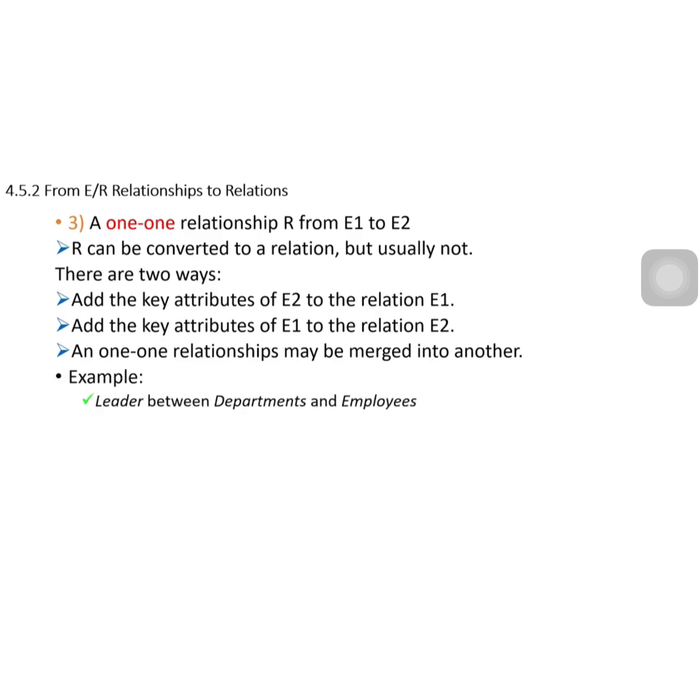If there is only a relationship between E1 and E2, the relationship is one-one, and the primary key of E1 is the same as the primary key of E2, then we'll merge them. We'll unite them into one. We'll give an example of a one-one relationship in a later example.